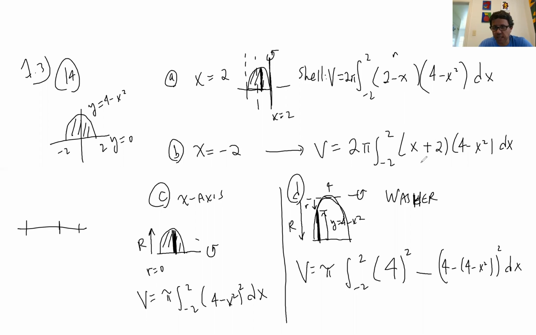Here, I subtracted the negative 2. Here, I didn't have to do anything because the axis was at 0. Here, I had to deal with a 4. It takes some practice to figure out where you put those numbers, but the forms are very similar.